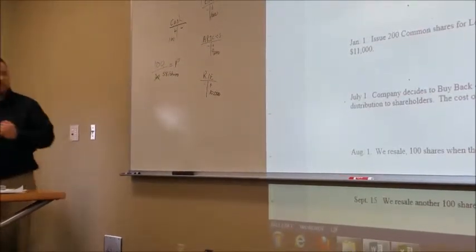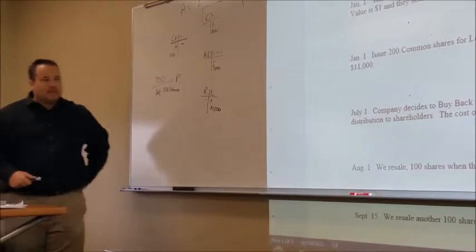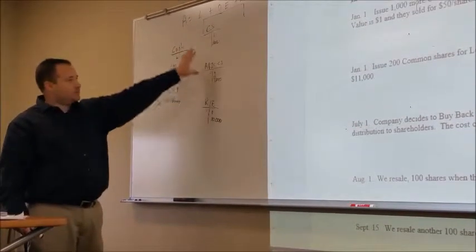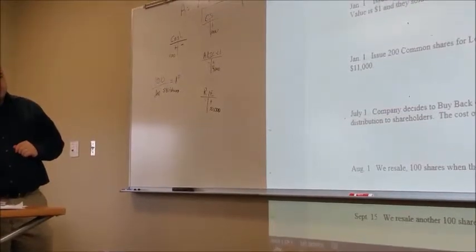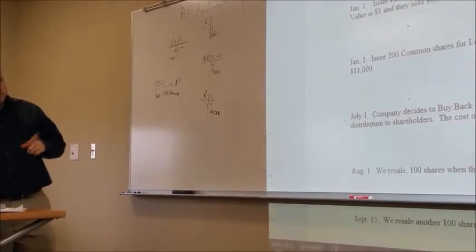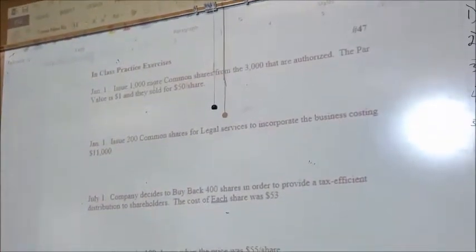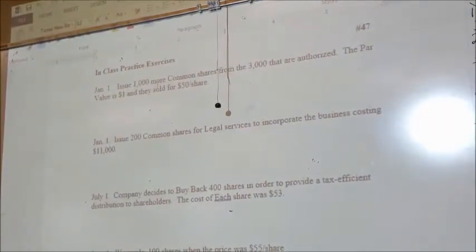Now I can go into January 1 and start adding to this. So do the first two, and then we'll check your answers. Add them to your T accounts. Do the journal part.